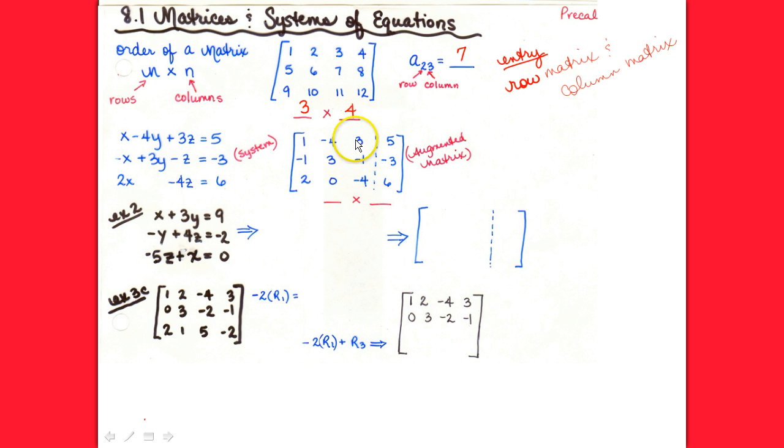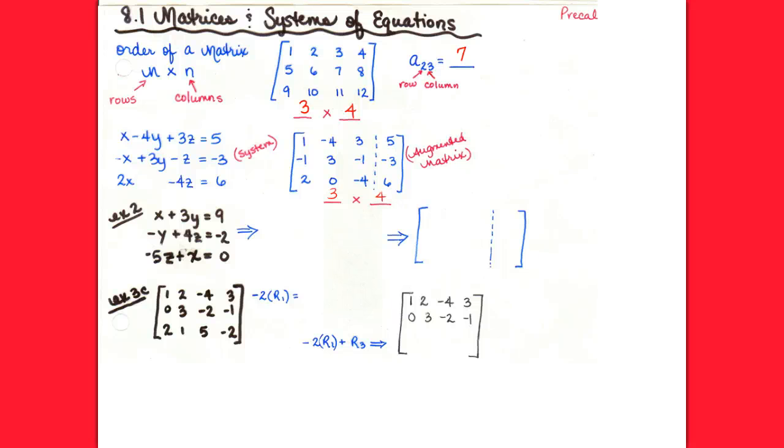We put the little dotted line here to separate the coefficients of x, y, and z from the constants. You'll also notice that if I'm missing a term, like that would be 0y, we fill in a 0 for that. All right? So what would the order for this matrix be, by the way? 3 by 4, right. And that would be the augmented matrix for that system.